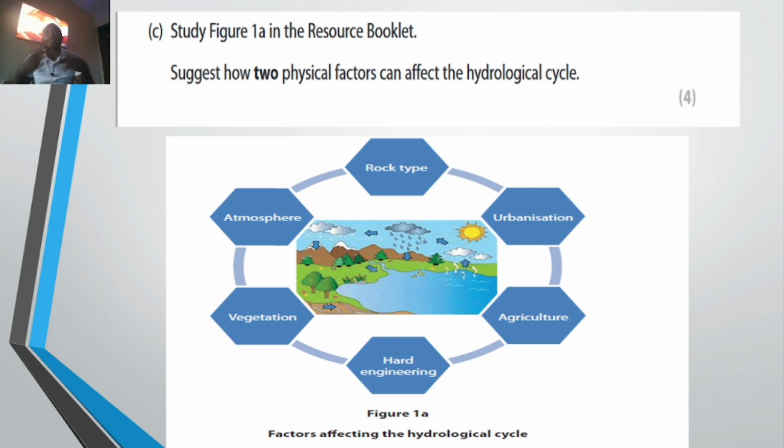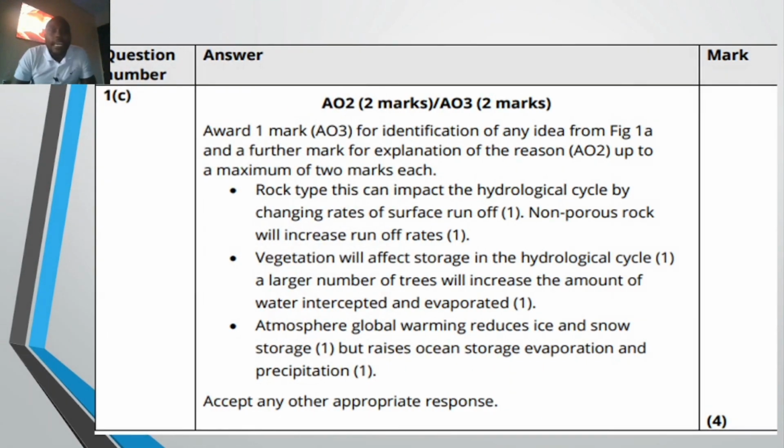How do they affect the hydrological cycle? From these you just pick one and then you explain. Now look at that. Award 1 mark for identification of any idea from Figure 1A, and a further mark for explanation of the reason.